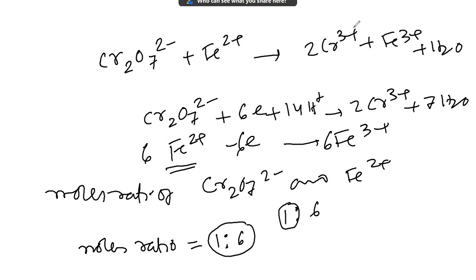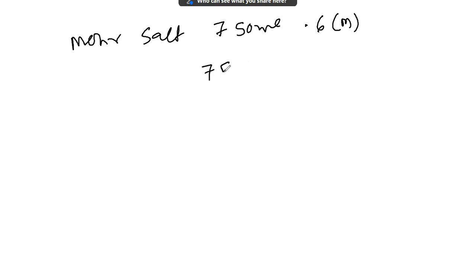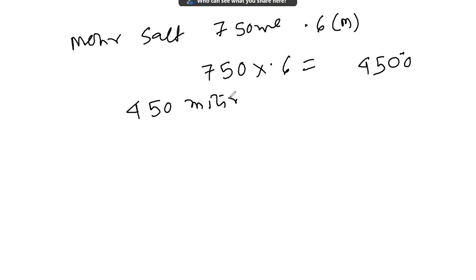Let's see how we can solve the sum. The volume of the Mohr's salt is 750 ml and its strength is given as 0.6 molar. So 750 into 0.6 is how much? 450 millimoles of Mohr's salt.